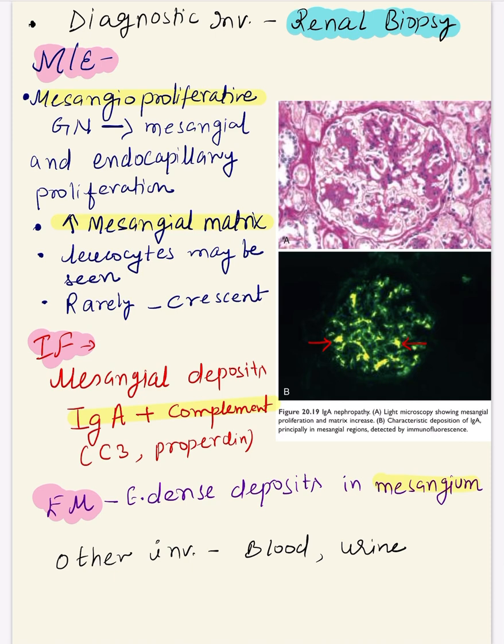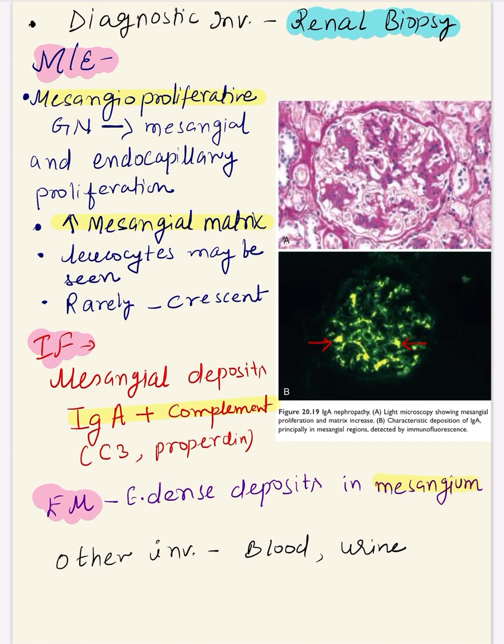Now in immunofluorescence, we try to detect the composition of these immune complexes, and they are composed of IgA with complement, and the complement is mainly C3 and properdin because of the activation of the alternate pathway of complement. Then in electron microscopy, there will be electron dense deposits in the mesangium.